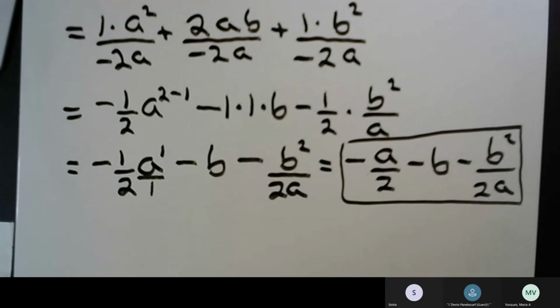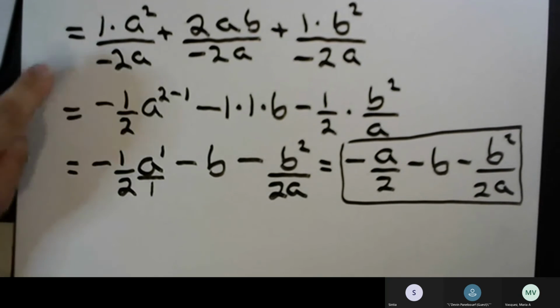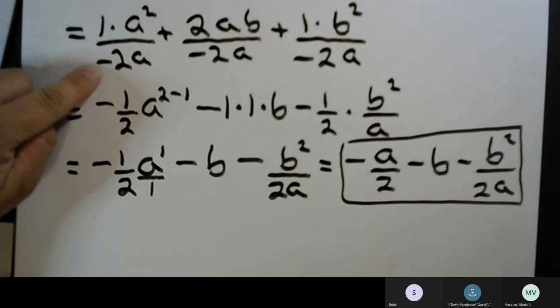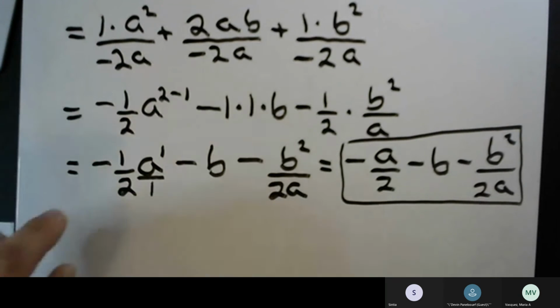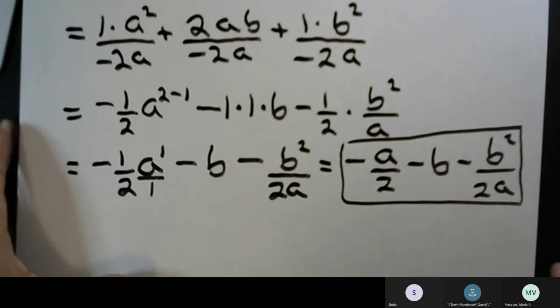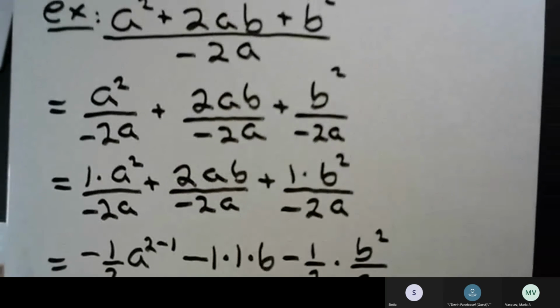Now there's a faster way of doing this. So I'm going to go through and do it in a faster method. Because when we worked with monomials, we would have a numbers column, and then you'd have a variables column. I'm going to go through this a little faster, so we don't actually think of it in those terms.